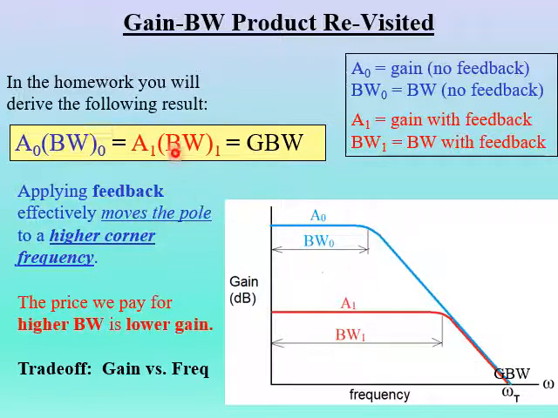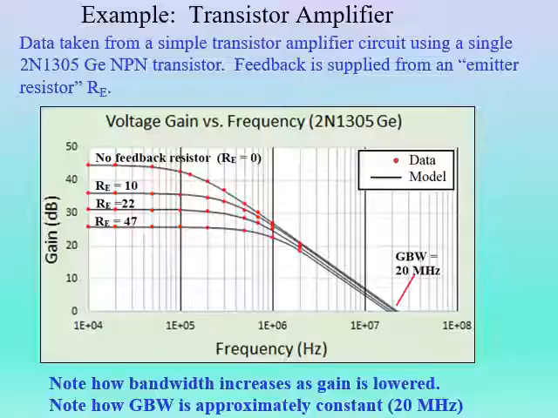And these two have the same product, and it will actually follow the curve just like this. And notice they both meet down here with the same gain bandwidth product or transition frequency omega t, which we just talked about. So this is just another example of this trade-off of gain versus bandwidth, or gain versus frequency.